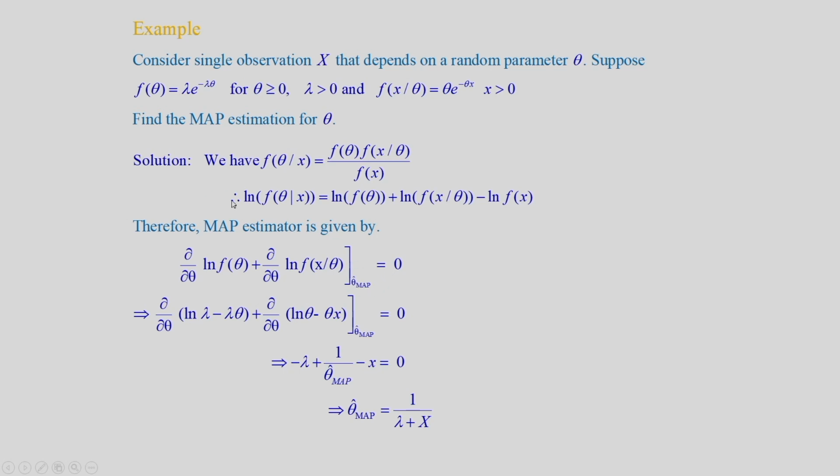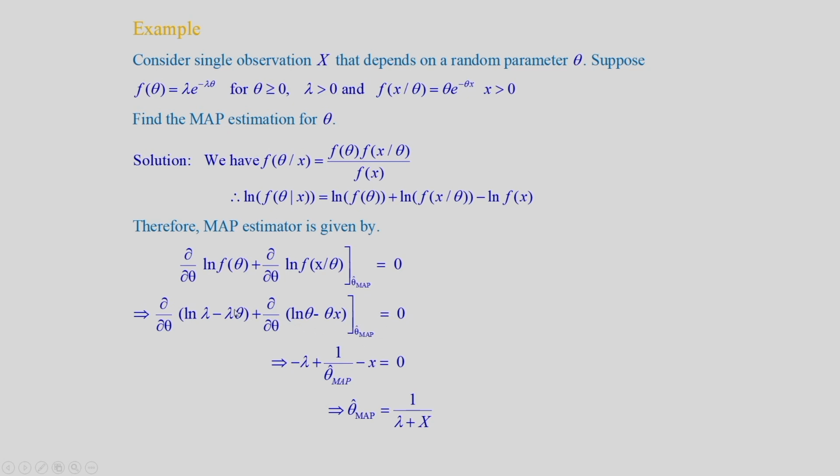So, now we have to take the partial derivative of the given PDFs. So, we can find log of f theta. Similarly, we can find log of this expression, and if we take the partial derivative, we can write del theta of log lambda minus lambda theta plus del theta of log theta minus theta x at theta hat MAP is equal to 0.